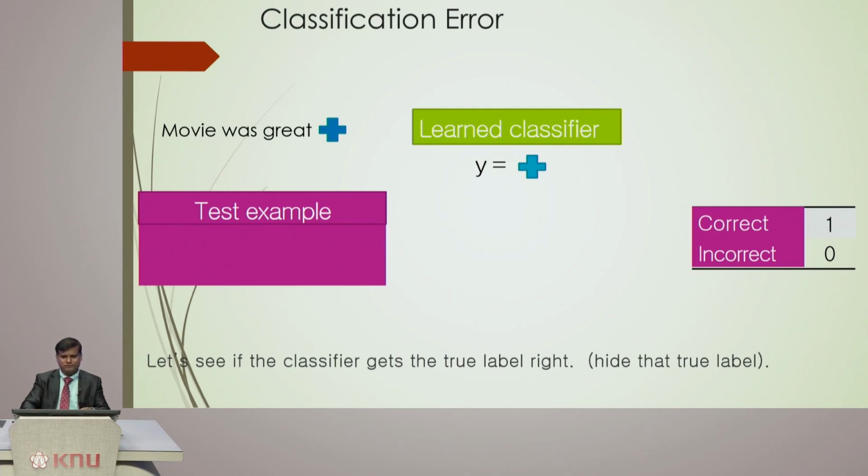The output is positive, which means that we are getting the correct output. And remember that right now we are hiding the true label, so only based on the output do we compare and see the accuracy of the learned classifier. Okay, this is one input.